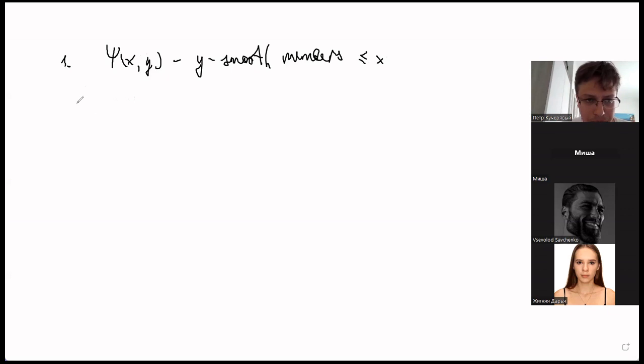We want to find it in a particular situation: psi of x, square root of x.